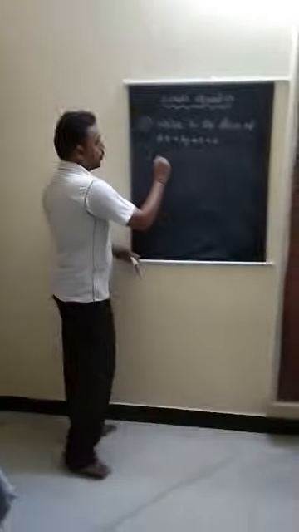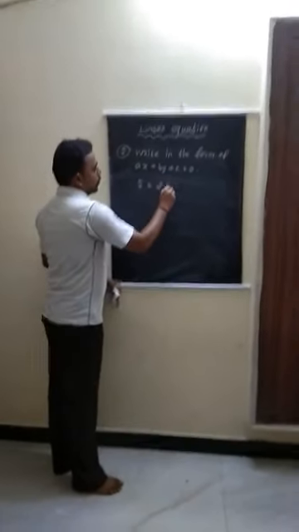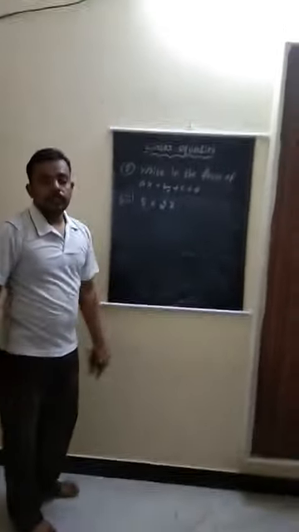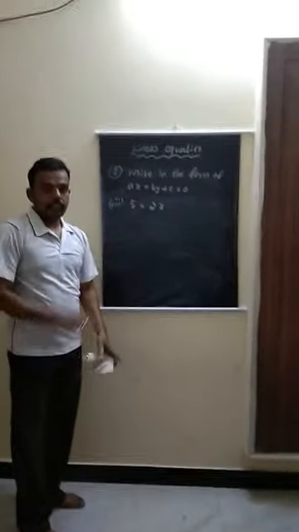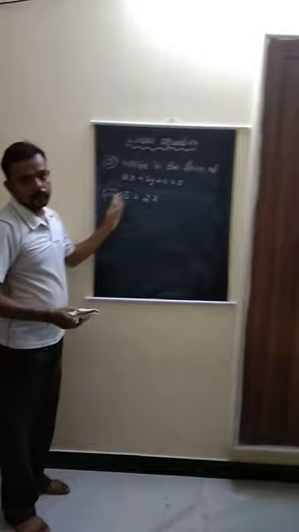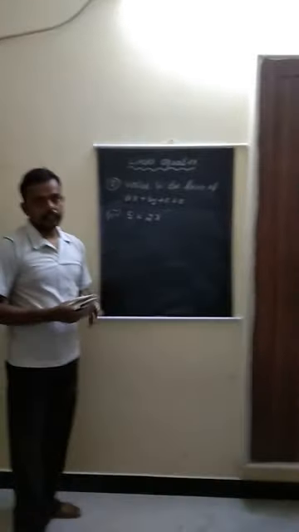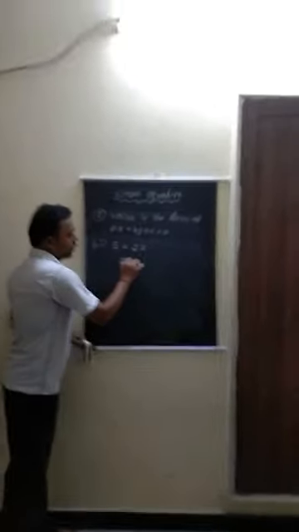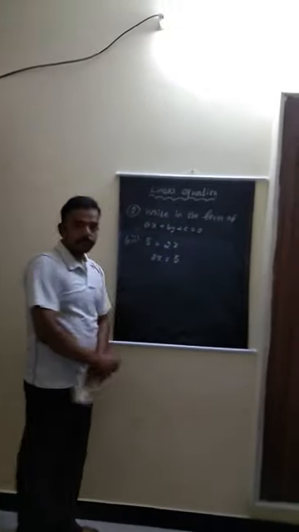Next, 5 equal to 2x, eighth one. So right side you have the variable. For that we just need to swap, that is, we write our right hand side on the left hand side and the left on the right. So there is no change of sign. So that is 2x equal to 5, first step.